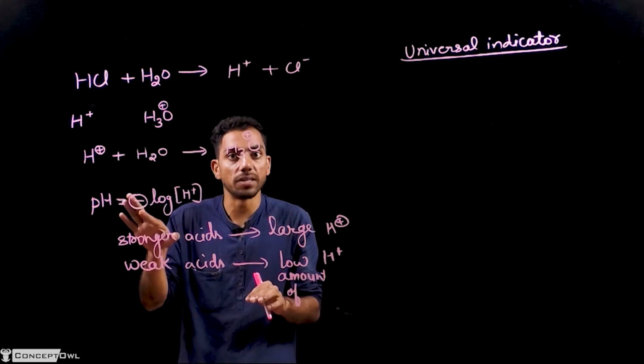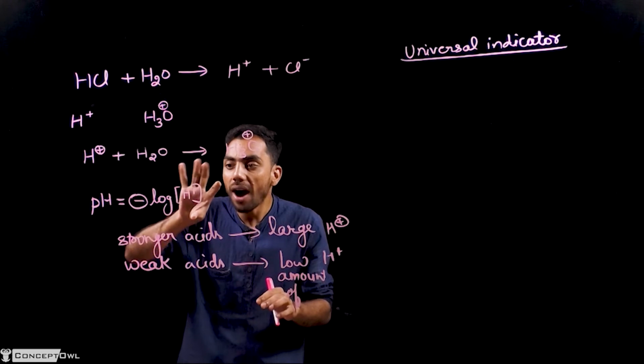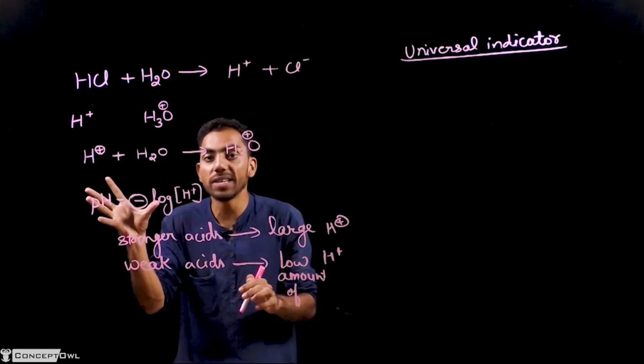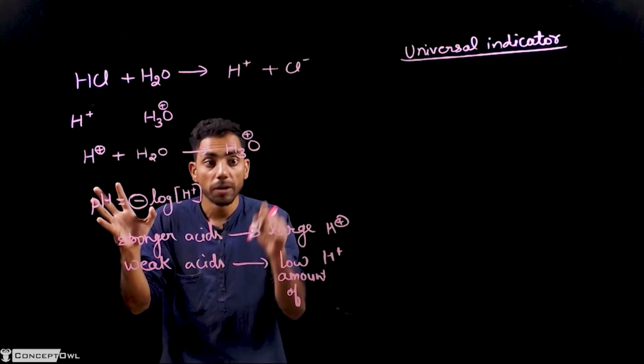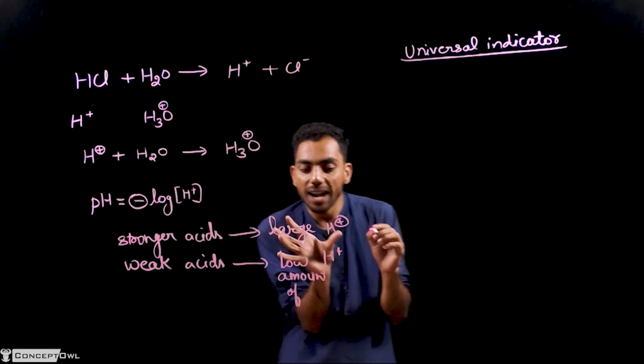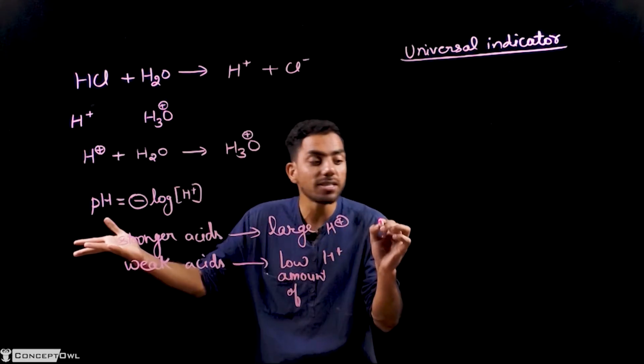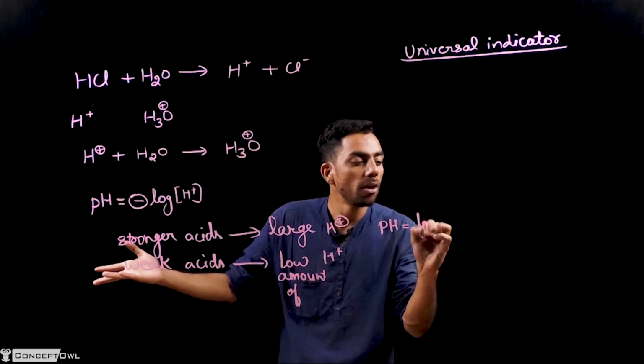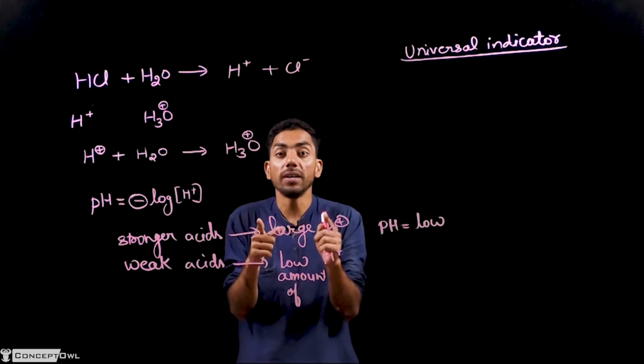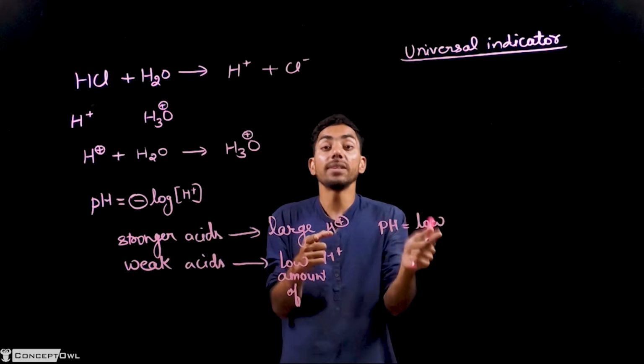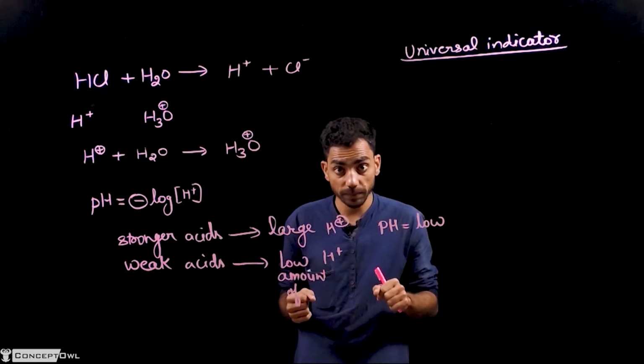So if you have high H positive ion concentration, pH will be low. So for stronger acid, larger H positive ion, but pH is low. So always remember, if pH is low, that means your acid is stronger.